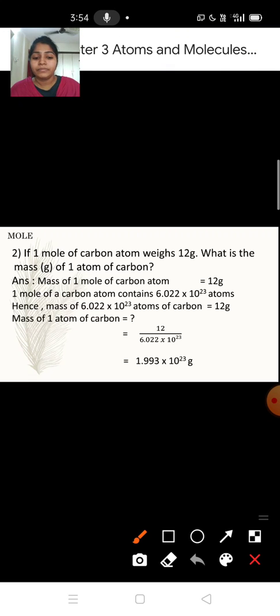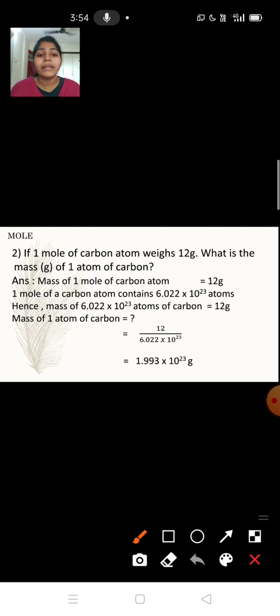Now read the sum. If 1 mole of carbon atom weighs 12 gram, what is the mass of 1 atom of carbon? And that mass you have to express in terms of gram. Okay. So what you have to find out?